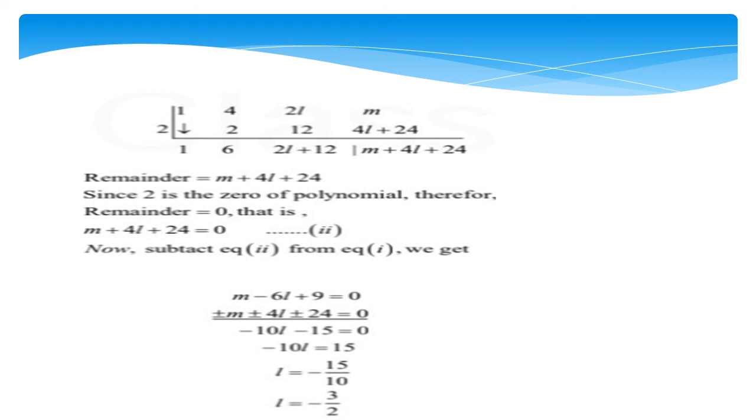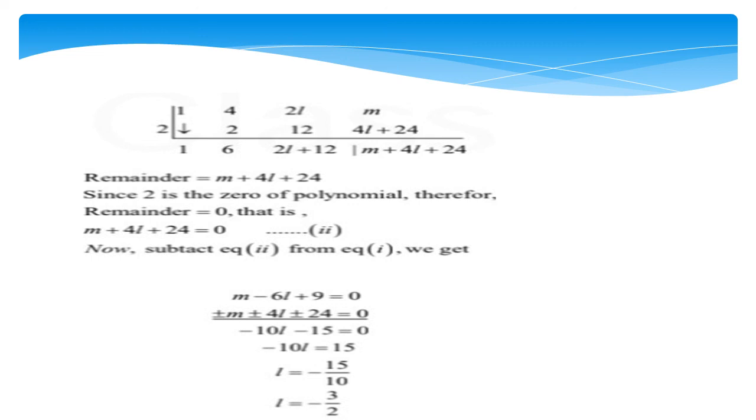M and minus m cancel each other, and we get minus 10l minus 15. Multiply minus 10 by l, go to the right hand side and divide minus 15 by minus 10. This is the value of the unknown variable l, which is minus 3 by 2.